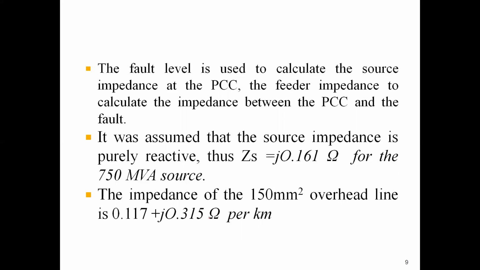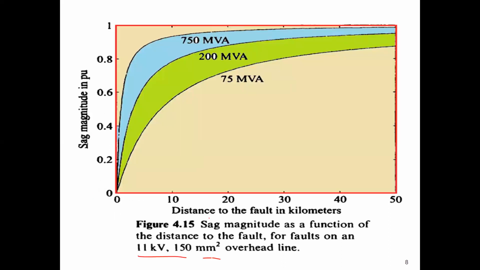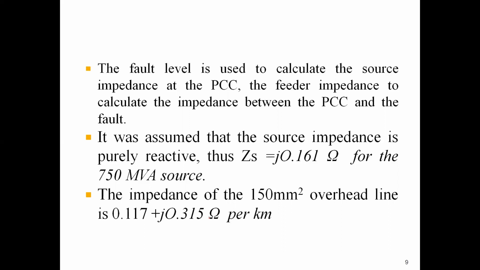I'm giving you the other mathematical data like ZS and ZF. Now you can apply your mind because I've given you the ZS value and the ZF feeder impedance value. Now all the mathematical things are open for you. Try to draw your observations for this graph and this data with the values of ZS and ZF.